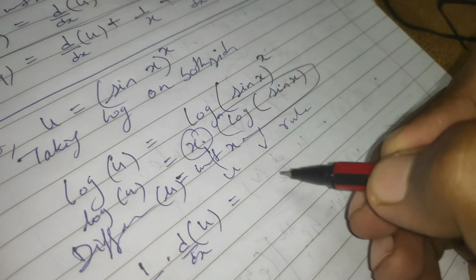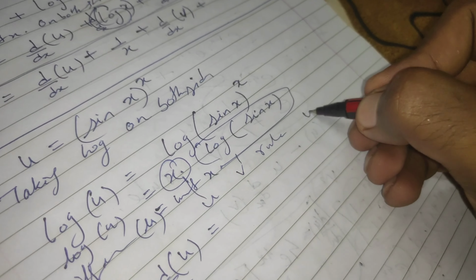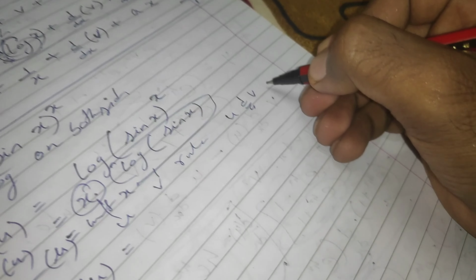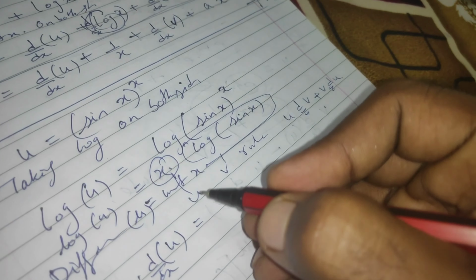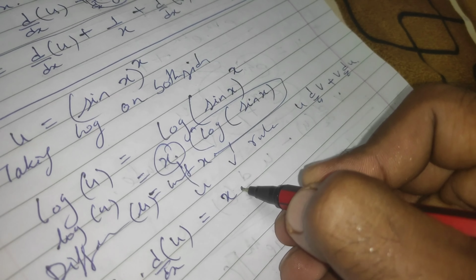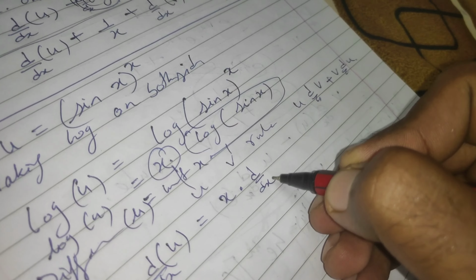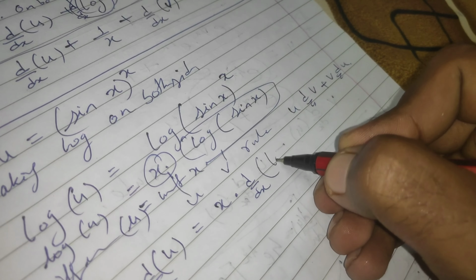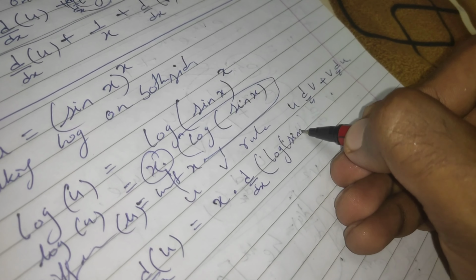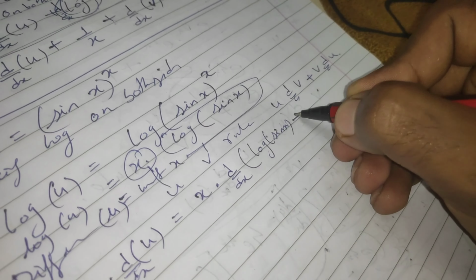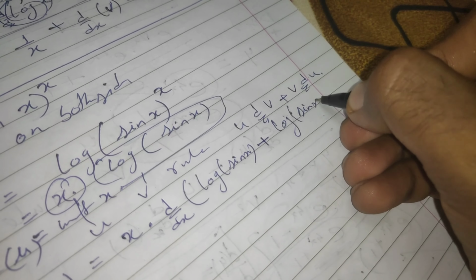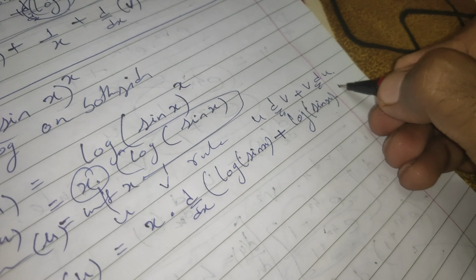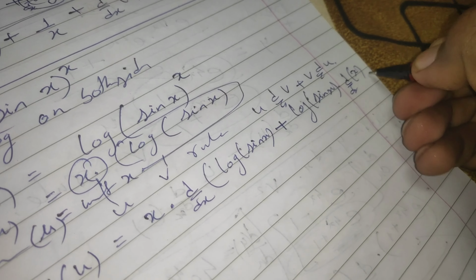By the u into v rule, u times derivative of v dx plus v times derivative of u dx. So now we are going to put this formula here. So u is x, times derivative of v which is log sin x, plus v, log sin x, into derivative of u which is x.